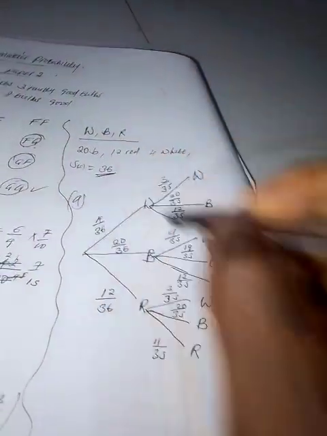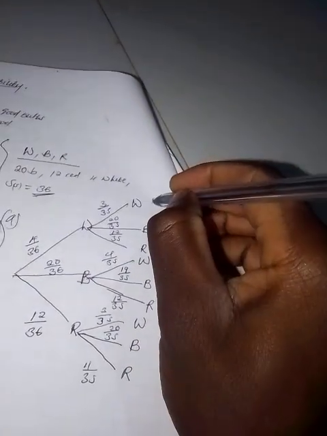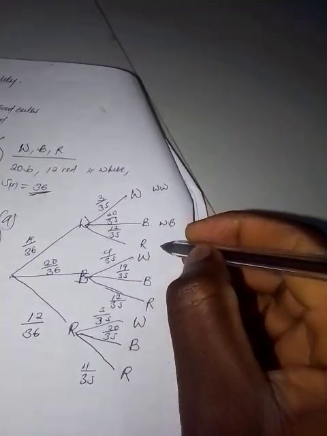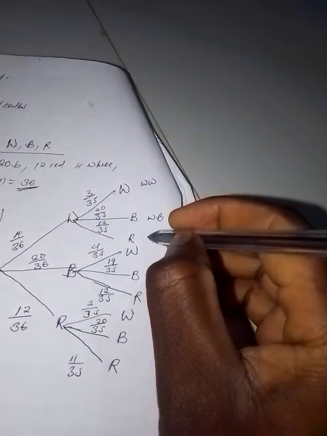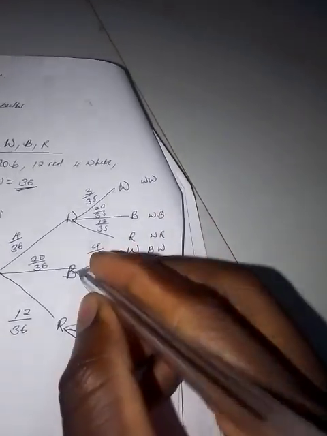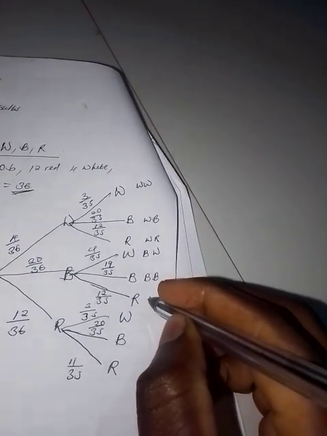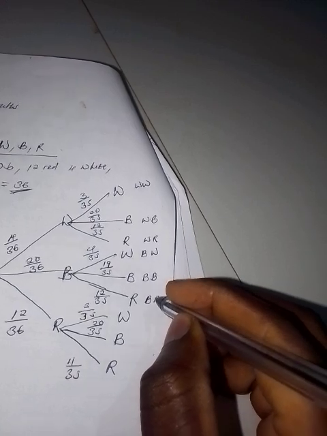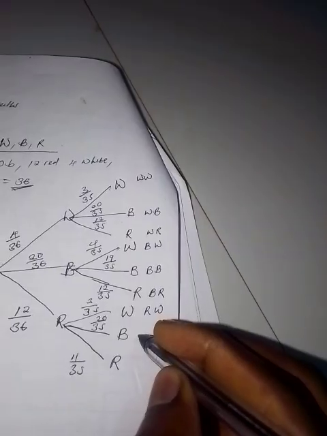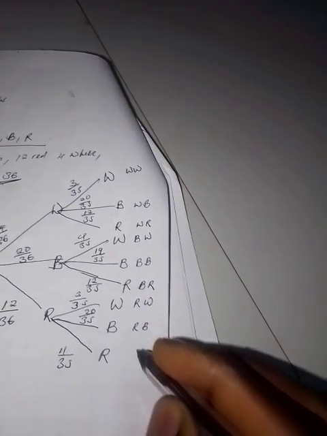So that is A. Then let's go to B. So here we have got white, black, white, red, black, white, black, red, white, black, red.